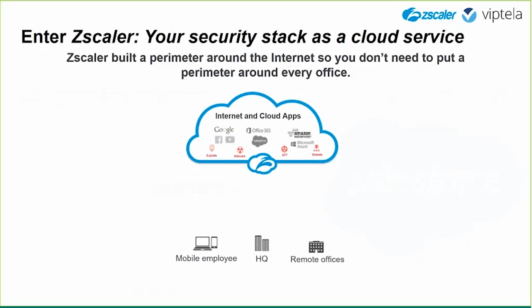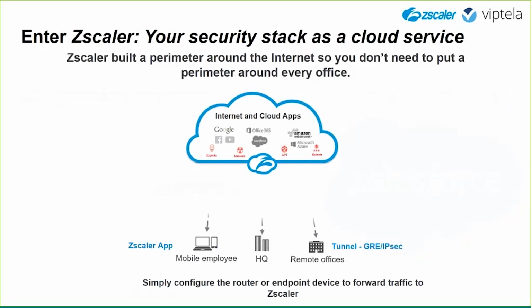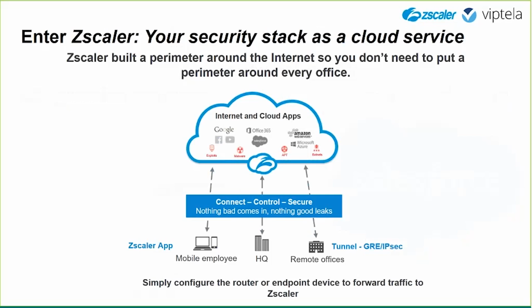So no matter where your employees are, they go through Zscaler before they get to their internet resources, their SaaS applications, etc. To do this, you just point your router or local firewall to Zscaler via a GRE or IPsec tunnel, or you use the Zscaler app to protect your users when they're not in one of your buildings. So they go to a coffee shop, they're working from home, they still get the same protections that they got when they're in the office.